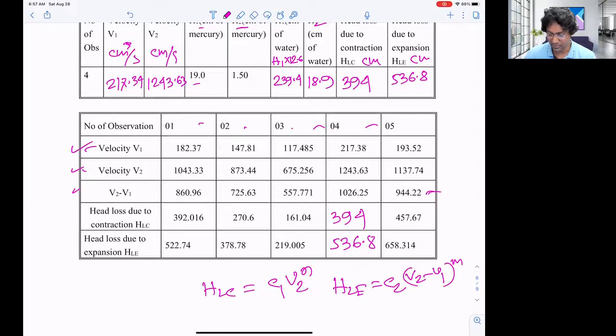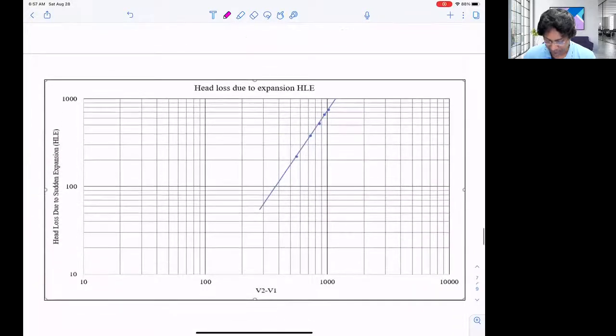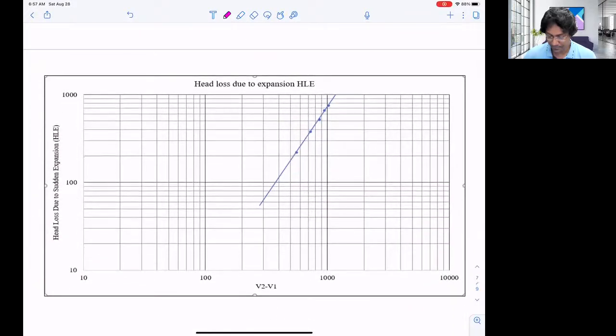So let's plot, right? I plotted as before. So that is V2 minus V1 here, and we have head loss due to sudden expansion, and we have this line, and from this straight line we have to extract 2 points as before.